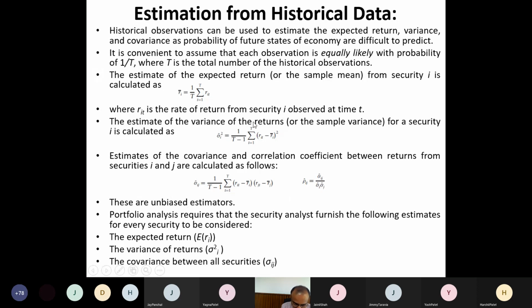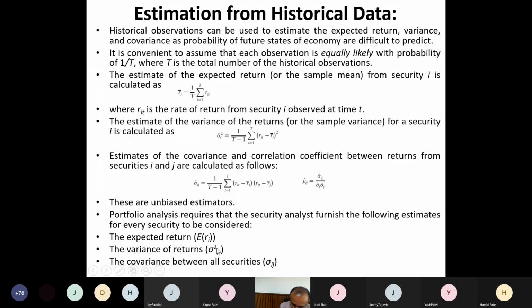We summarize this in Notepad. Portfolio analysis requires that the security analyst furnish the following estimates for every security to be considered. If you are a portfolio analyst, then you have to take the help of a security analyst, and the security analyst will furnish all these estimates: the expected return E of Ri. The task of the security analyst is to calculate this E of Ri from past data.